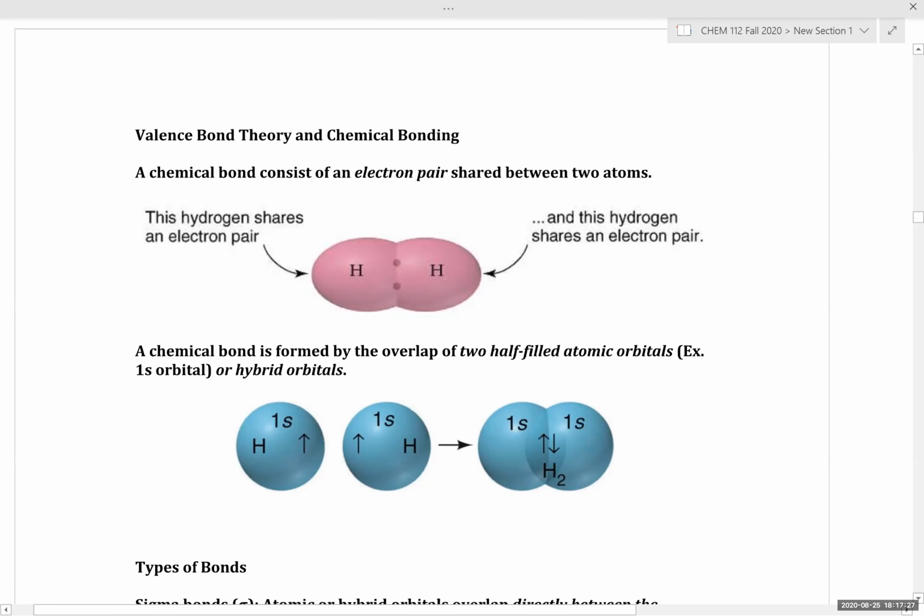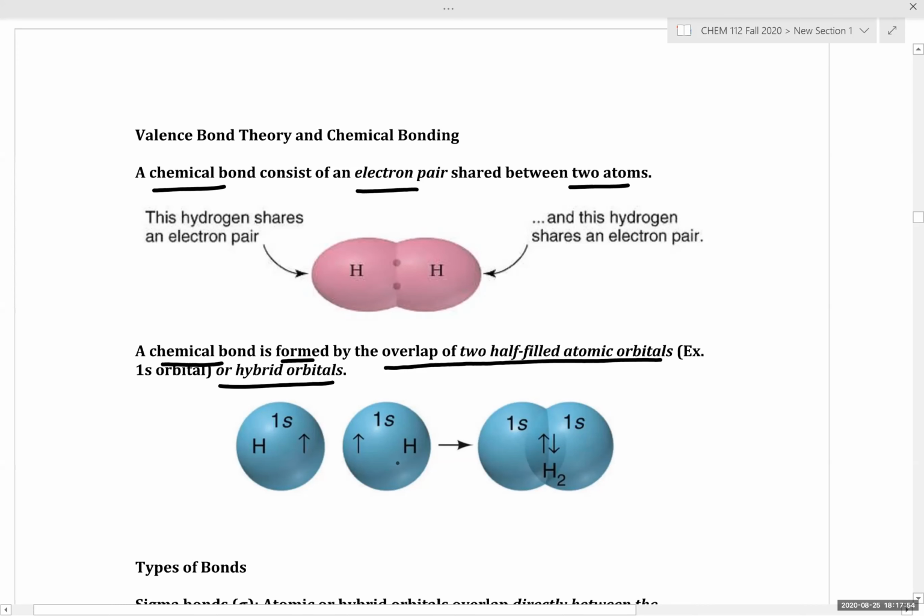So let's talk a little bit about valence bond theory and the key tenets to help us explain chemical bonding patterns. A chemical bond consists of an electron pair shared between atoms. Now, in valence bond theory, a chemical bond is formed by the overlap of two half-filled atomic orbitals or hybrid orbitals.